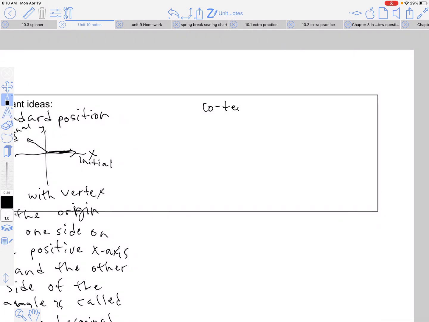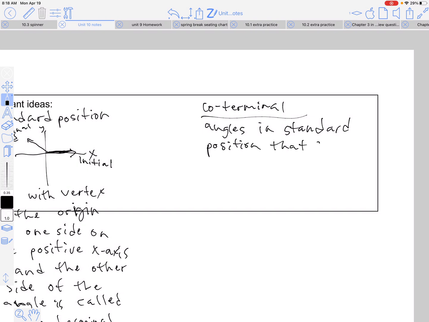Next is coterminal. Okay, so angles in standard position that share a terminal side. And remember, we're going to add or subtract 360 degrees to find that.